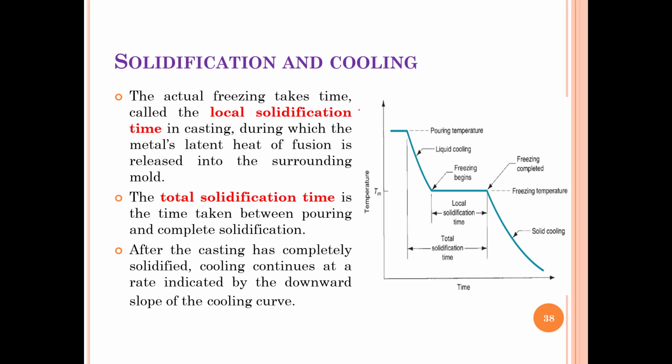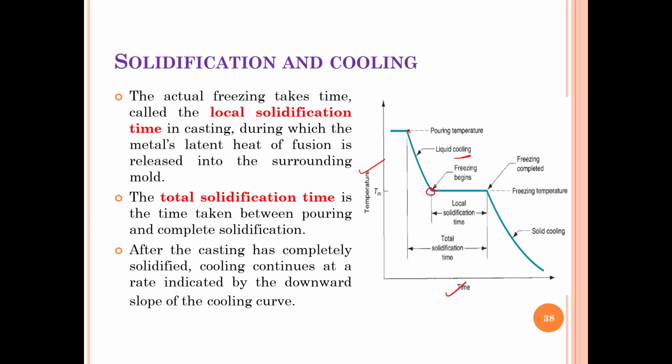Here we can see the graph, temperature versus time. Here this is the pouring temperature. Then as time goes, the temperature comes down, so cooling starts. And here the freezing begins.